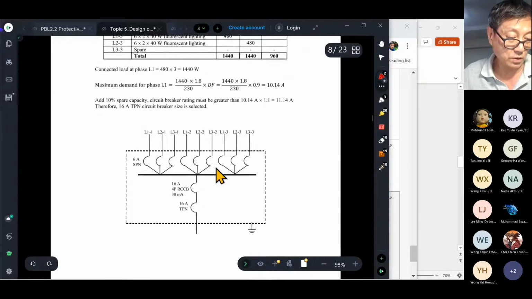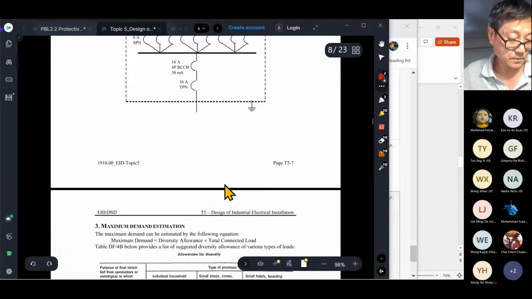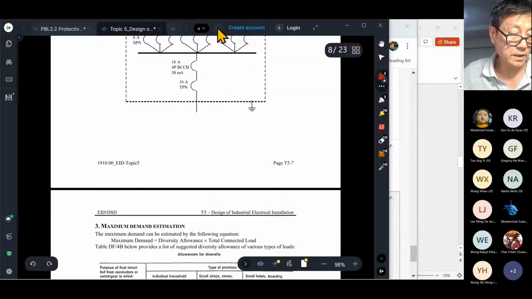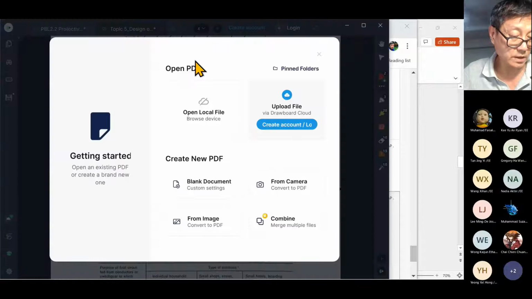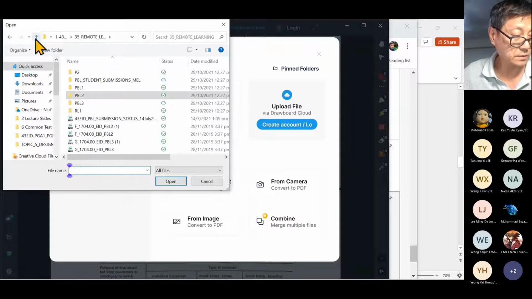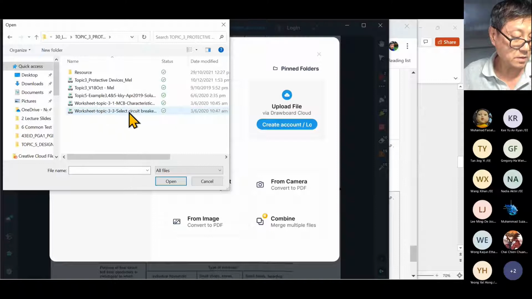Sorry, I should be looking at topic 3. Let me open it up. Actually, topic 3 we already covered this. I look at the topic 3 lecture notes.